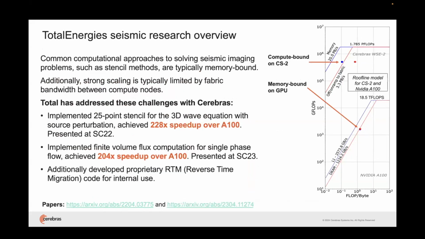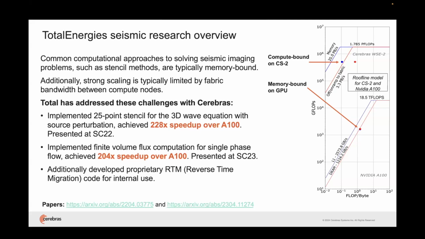They've gone on to do quite a bit more work, including a finite volume flux computation, which they presented at SC23. They also have another paper coming up at SC24, which is another seismic algorithm. And they have some internal proprietary code they use to do a reverse time migration, which is a key workload in seismic imaging.